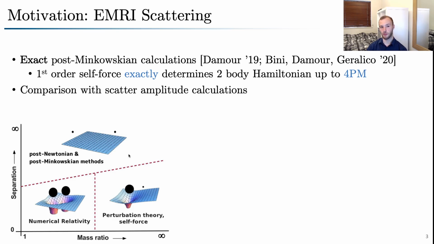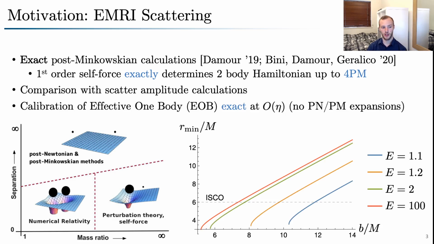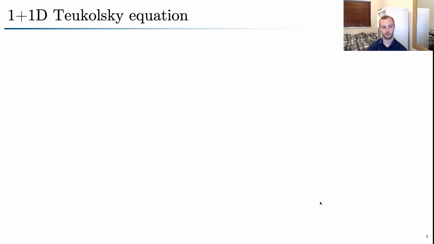We can also use it to compare with scatter amplitude calculations, which are quantum-style calculations. Another thing we can do is use it for calibration of effective one-body methods of modelling, and this is particularly useful for the strong field regime, as even at low energies of 1.1 you can see that the scattered particles penetrate well below the ISCO.